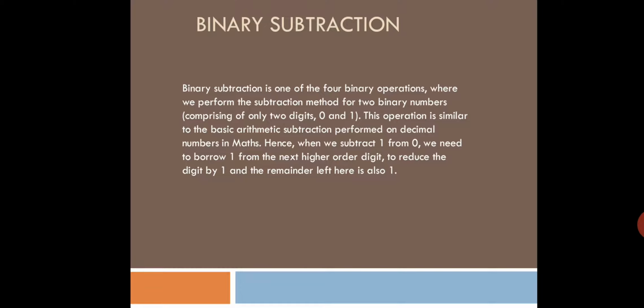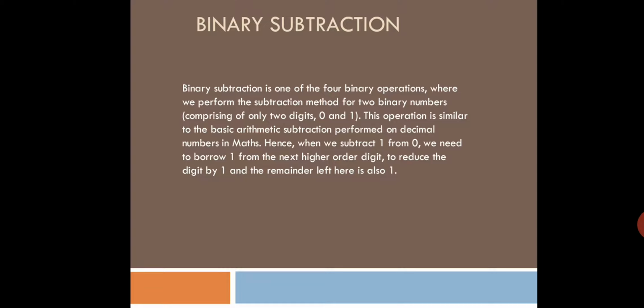Hence, when we subtract 1 from 0, we need to borrow 1 from the next higher order digit to reduce that digit by 1, and the remainder left is also 1. So it is a general form, isn't it? When you try to subtract a number which is greater than the actual number, then definitely you are going to borrow from the left-hand side.